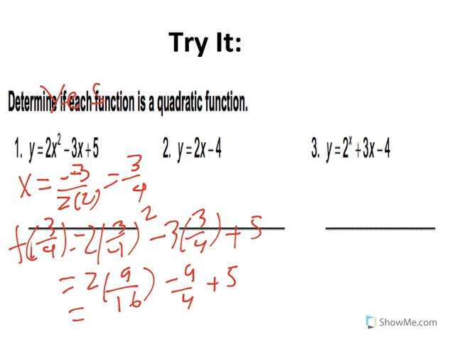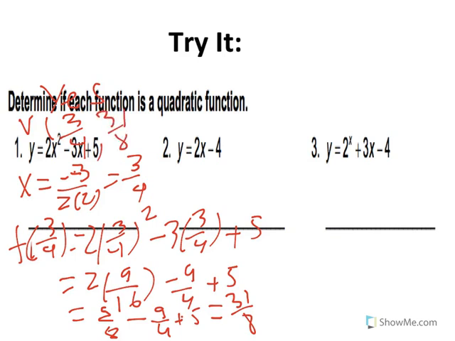Or so let's do this by hand. We have 9 over 8 minus 9 over 4 plus 5. Okay, so this comes out to be 31 over 8. So then let me write here for the vertex. It's going to be 3 over 4 and 31 over 8.